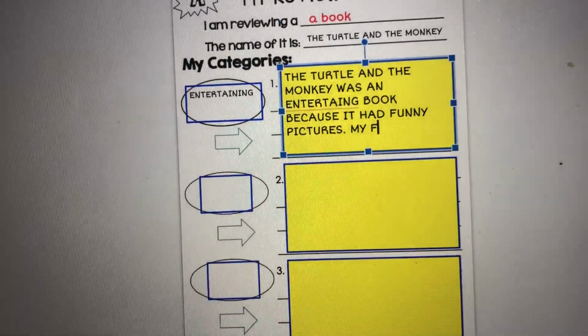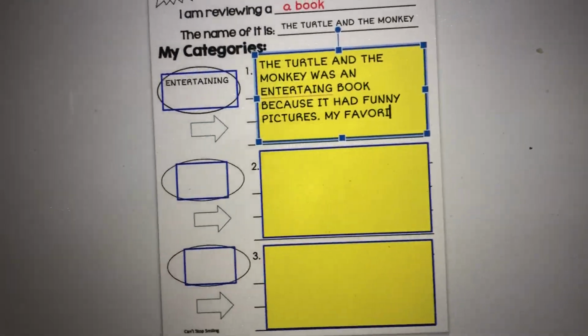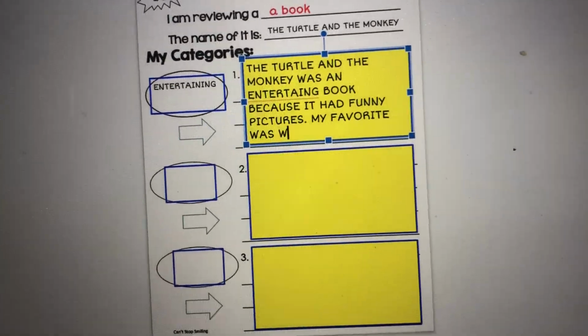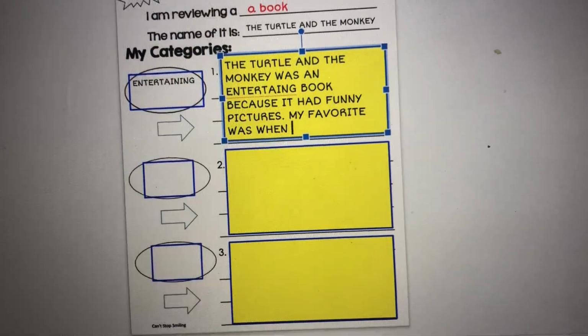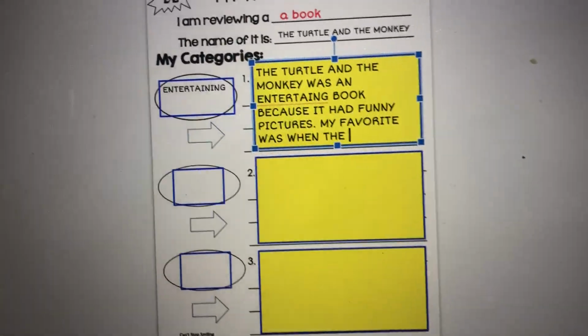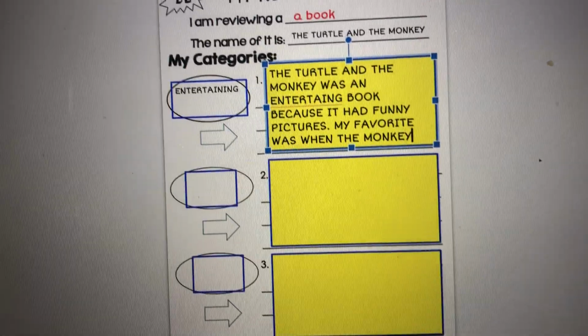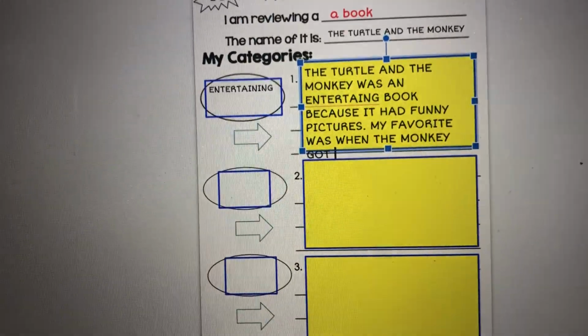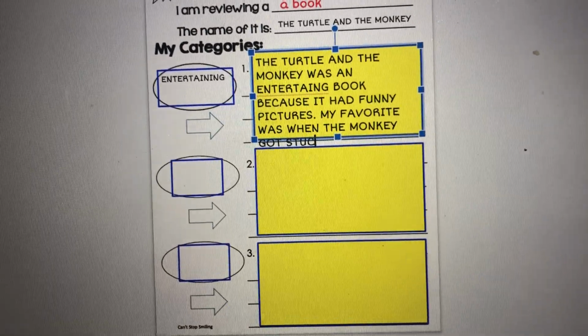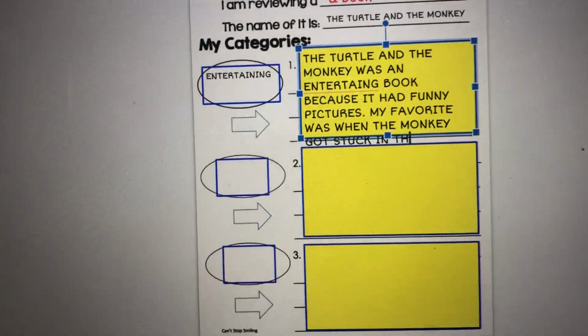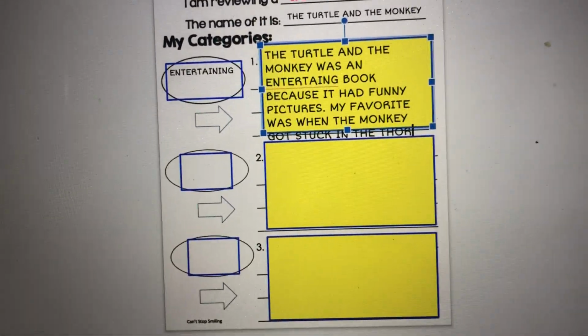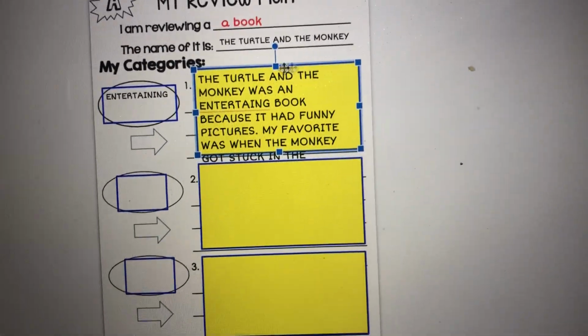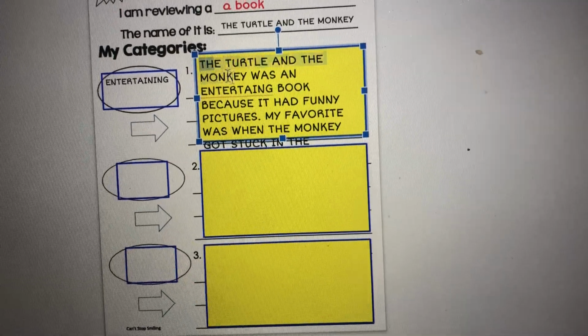My favorite, so I'm giving an example, was when the monkey got stuck in the thorns. Okay, so I used the title of the book in my sentence.